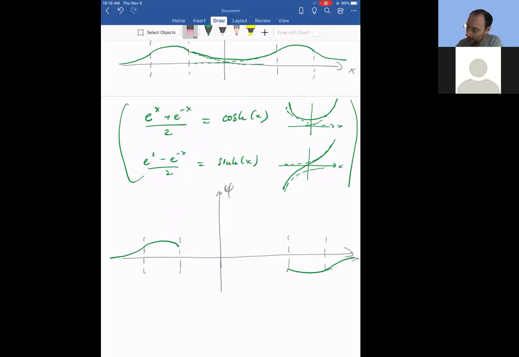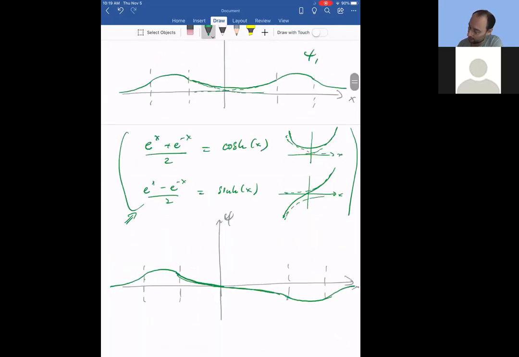That's another possibility. And in between, you have this type of a combination of a growing and decaying exponential, right? So you would have something like this. Okay, so this is another possibility.